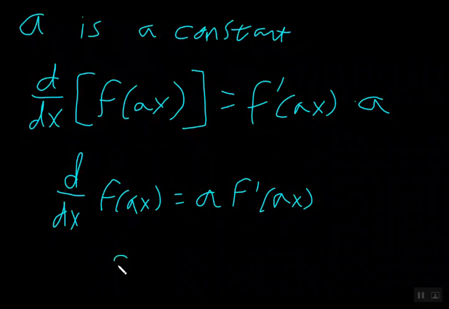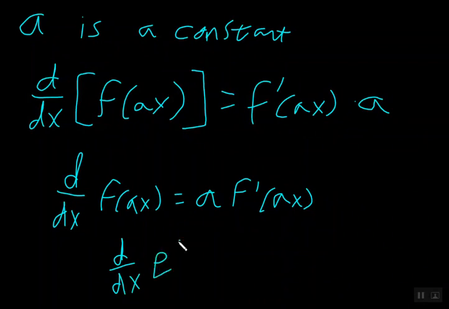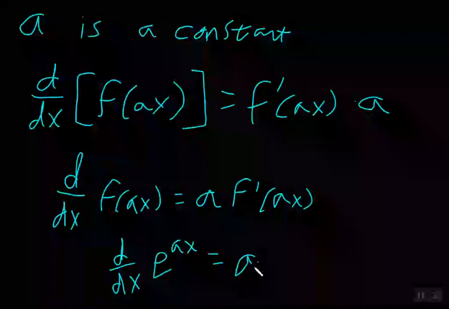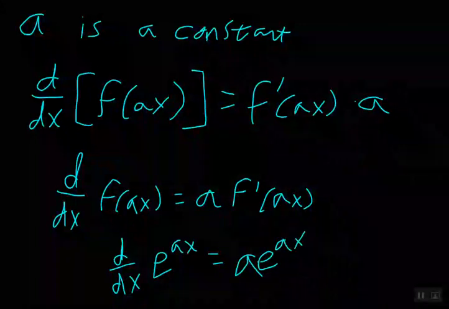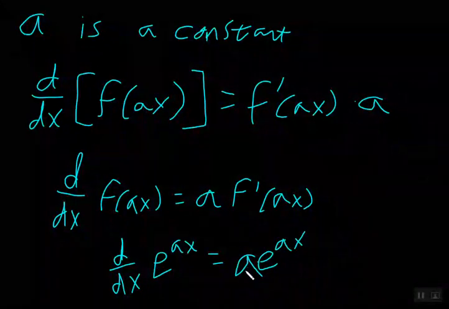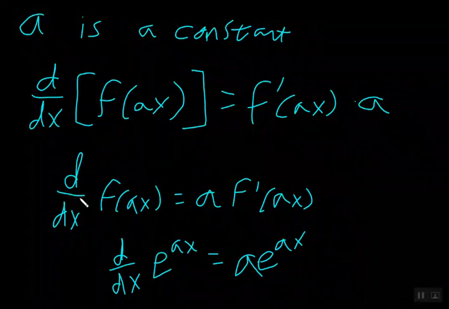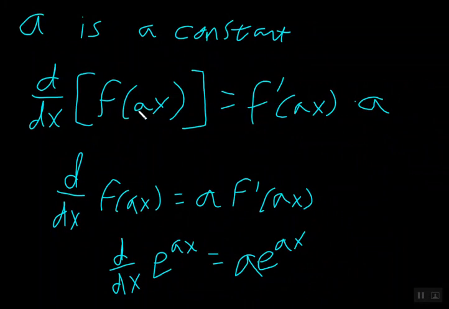For example, the derivative of e to the ax is a e to the ax, because the derivative of e to the x is e to the x. This is just a nice shortcut for when the embedded function for the chain rule is just a constant multiple of x.